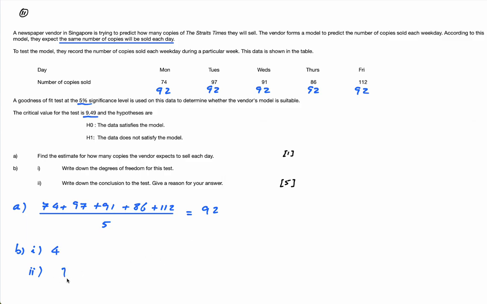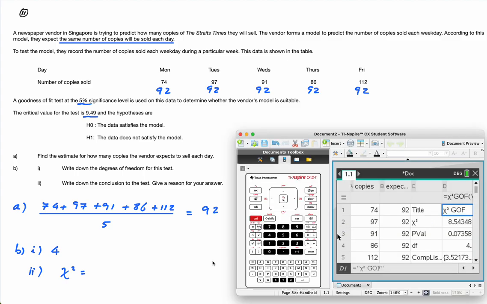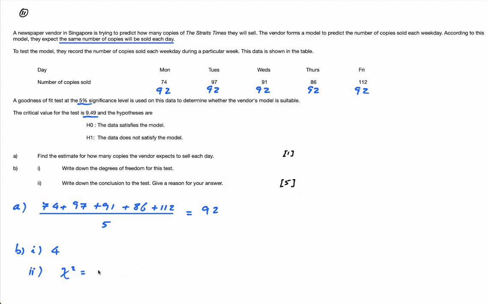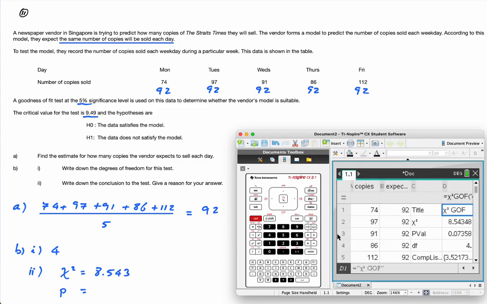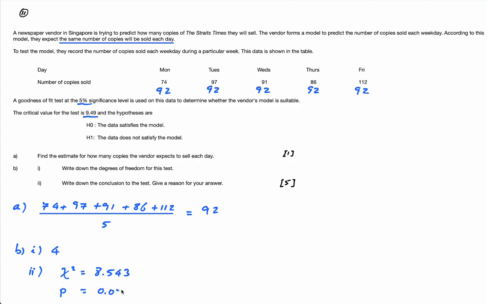I'm going to say chi-squared equals 8.543, and the p-value is equal to 0.07358. Now, what's the conclusion to the test? Well, there's two ways you can answer it.